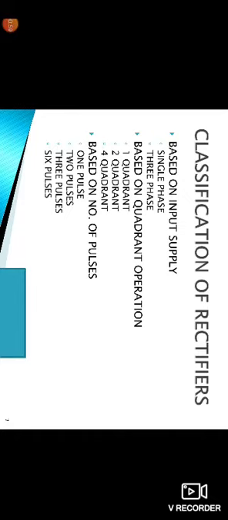The classification of rectifiers is based on input supply: single phase and three phase. For single phase, only one input supply is given. For three phase, three supplies are given, in X, Y, Z form.